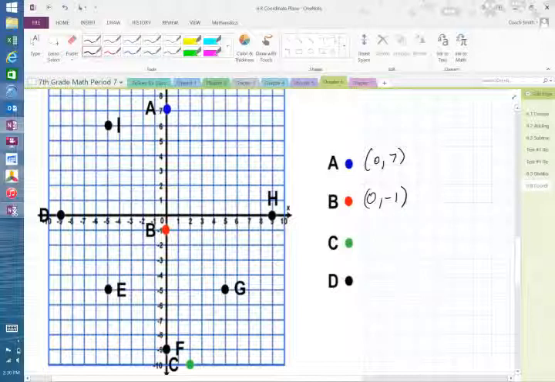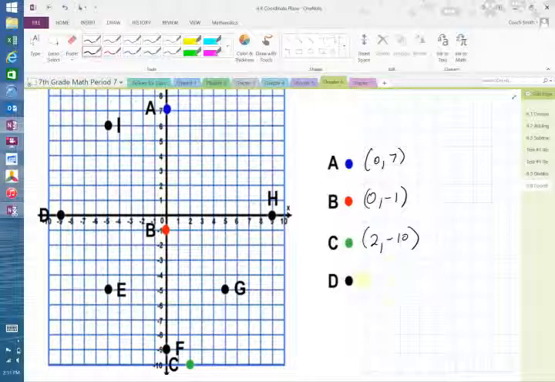Who has C, Cameron? Jacob, help him out. Yeah, you had them reversed. 2 and -10. Okay. Now, Tayshawn, what would D be? -9 and 0.